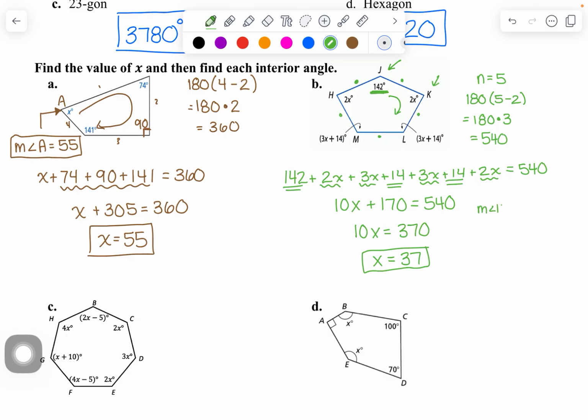Measure angle K is equal to 2x, so 2 times 37 is 74. Thankfully, the measure of angle H is the exact same expression, which means it's the same.